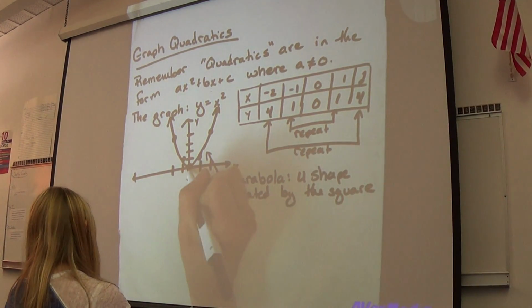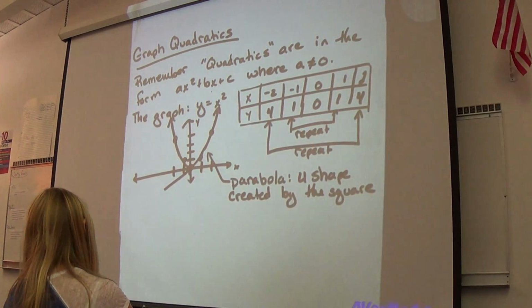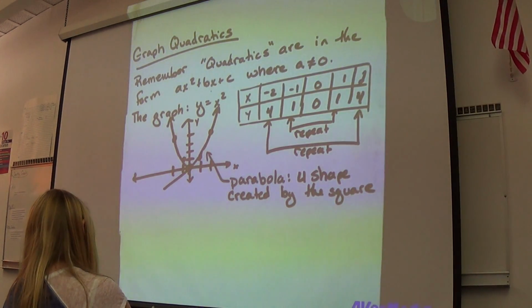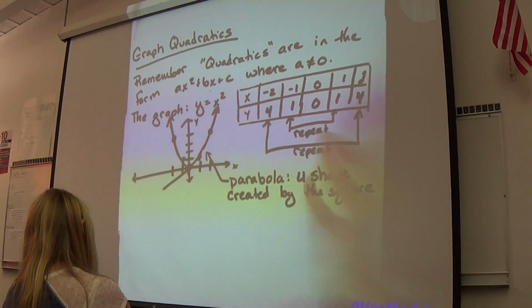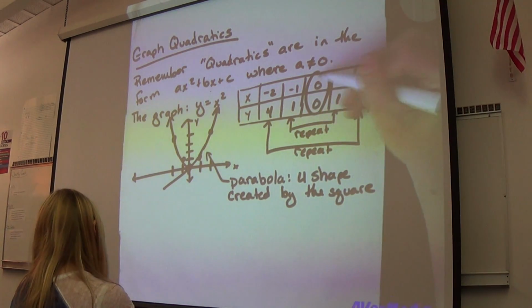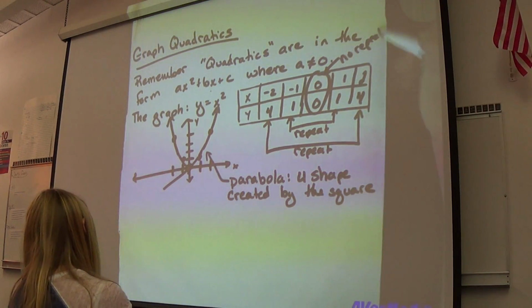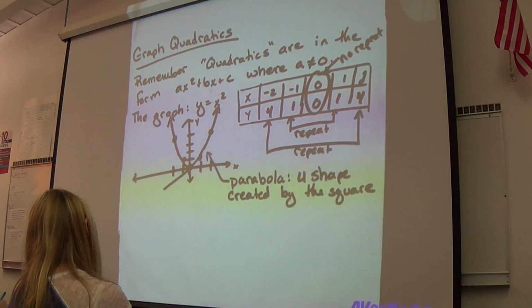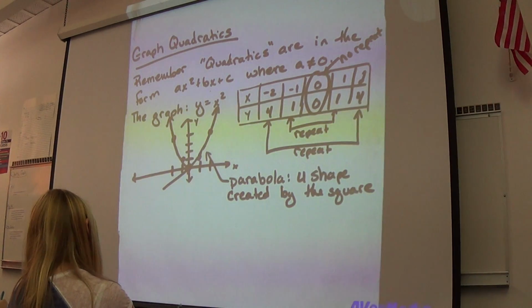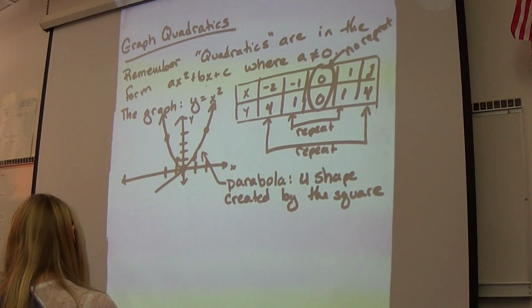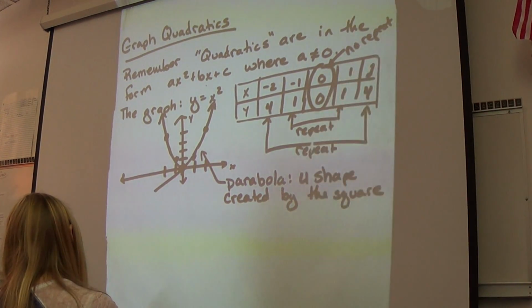Alrighty, so this point right here is the only spot that didn't have a repeat, and we can see that in my table right here. I don't have a repeat there either. And it should make sense because it's 0, right? I don't have a positive and a negative form of 0, so I only got one of them.